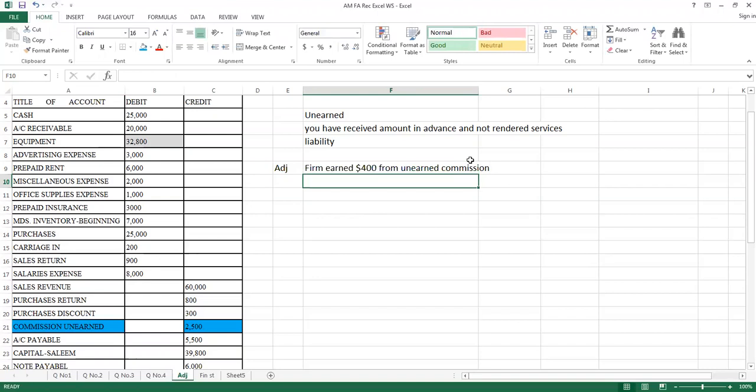It means that the firm is informing you that whatever advances you have received from your customers or from your clients, some amount has been earned. So if at the end of the year, the firm's advances from clients are 2,500, this is not presenting the right information. From this amount of 2,500, the firm at the end of the year is telling you that this much amount, that is 400, has been earned.